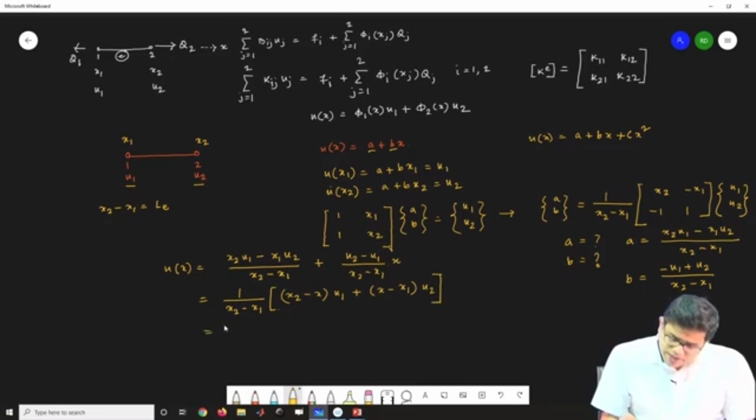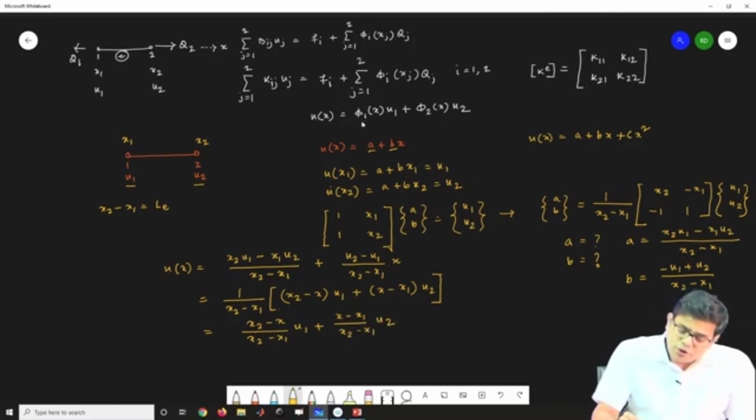So now if I write it in this way, this is nothing but (x2 minus x) by (x2 minus x1) into u1 plus (x minus x1) by (x2 minus x1) into u2.